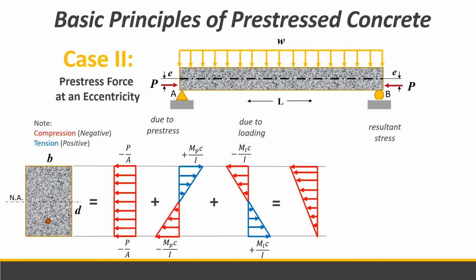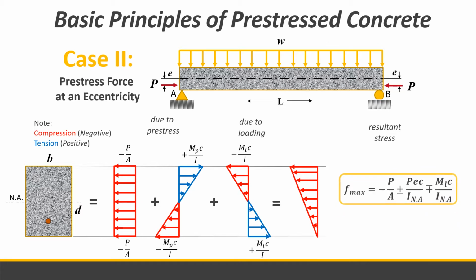So next is pre-stress at an eccentricity. So our P is at a distance e below the neutral axis or above the neutral axis, depending on the problem. So due to pre-stress, we have compressive stress and bending stress, and another bending stress due to loading omega or other distributed loads.